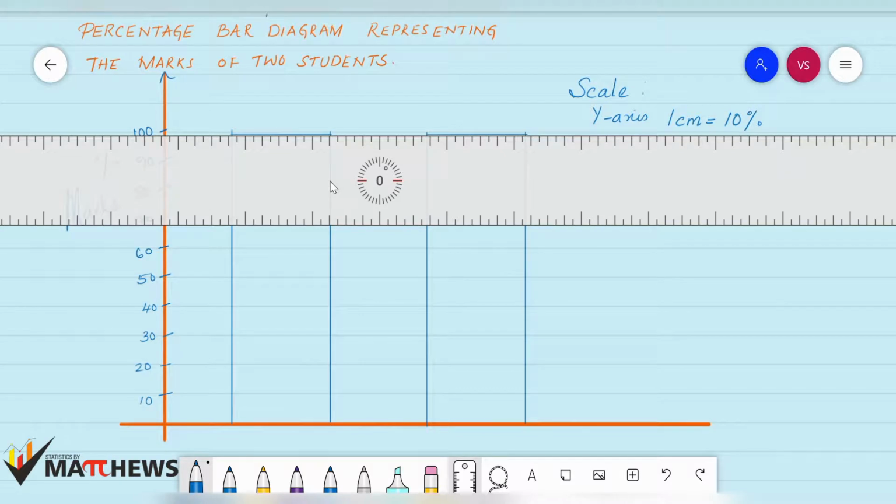This is student A, and this is student B.